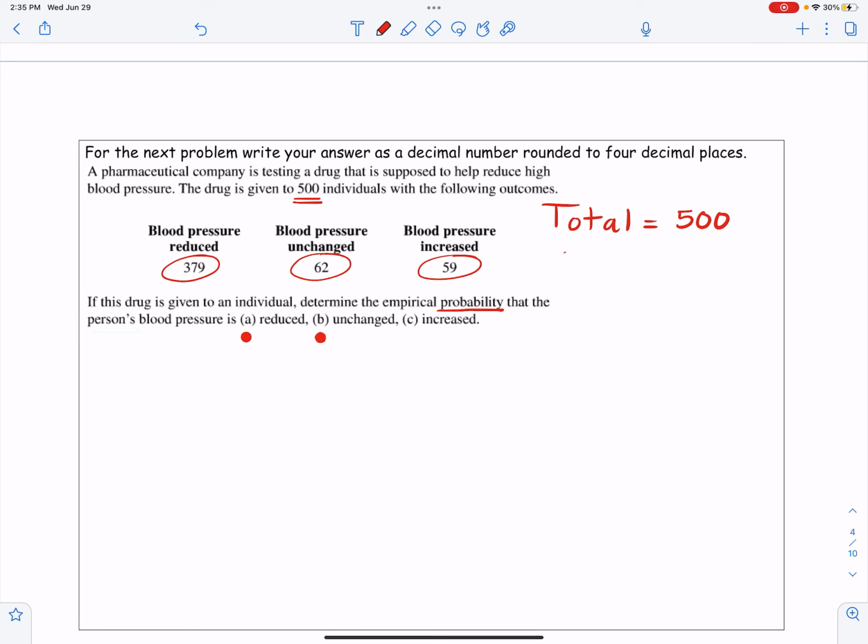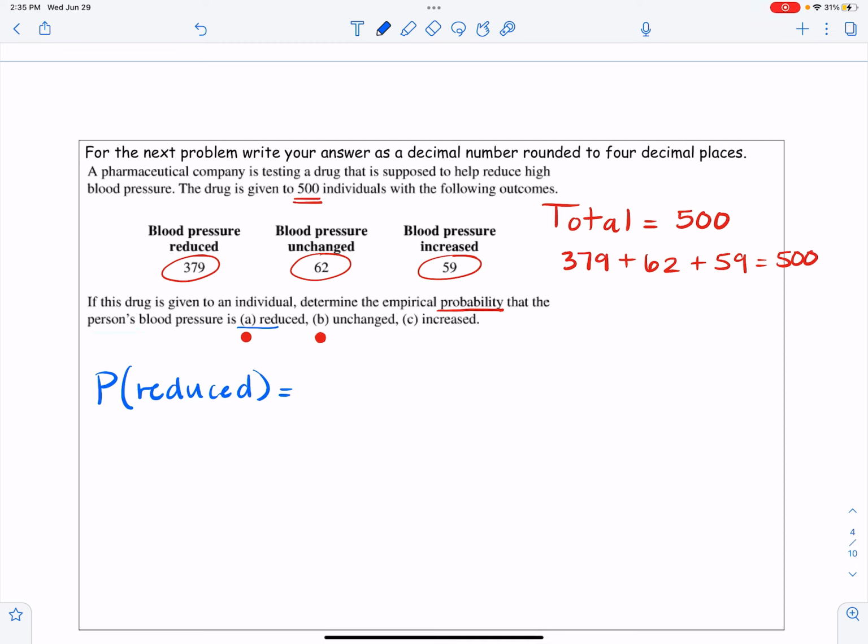So I've got 379 for reduced, 62 for unchanged, 59 for increased, and that would also show me the total here is equal to 500. All right, so part A here, find the probability that the person's blood pressure is reduced.